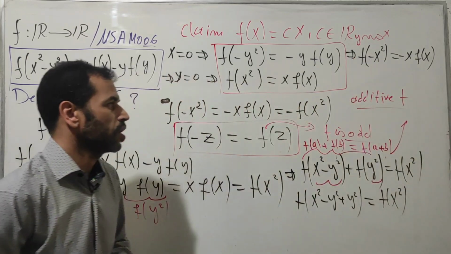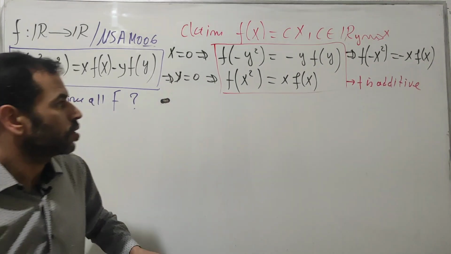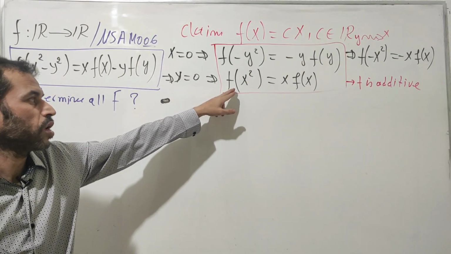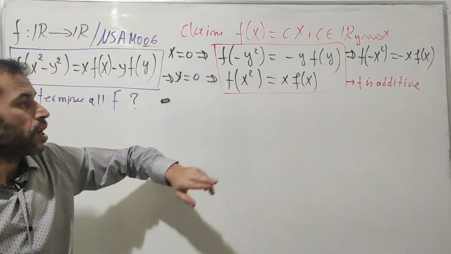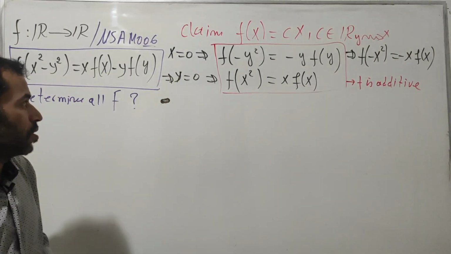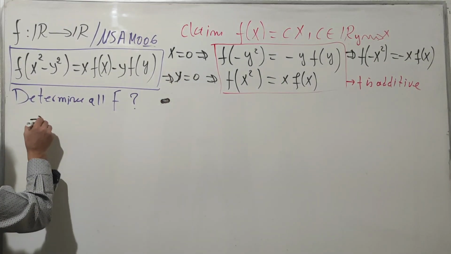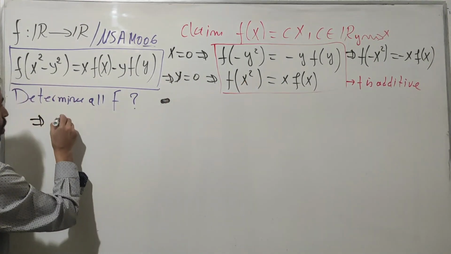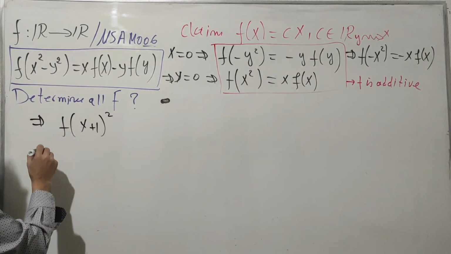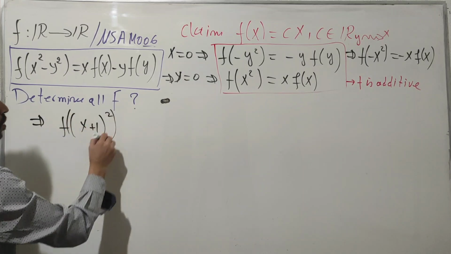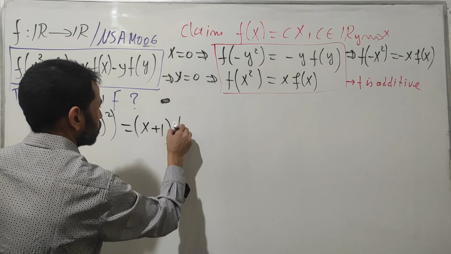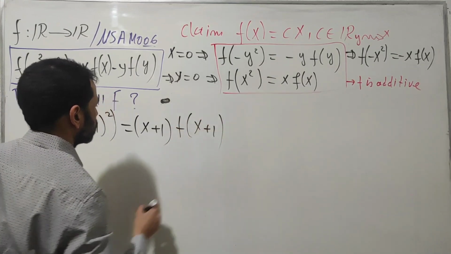Now we have shown the function is additive. Now we are going to use these two conditions. We get this fact as we have been shown before, and also we have shown f is additive. Now let's use these two conditions and this equation. So I get f of x plus 1 quantity squared, like this, which equals x plus 1 multiplied by f of x plus 1.